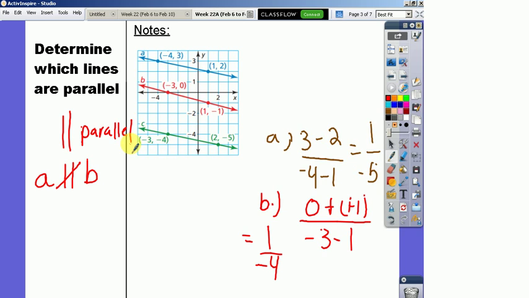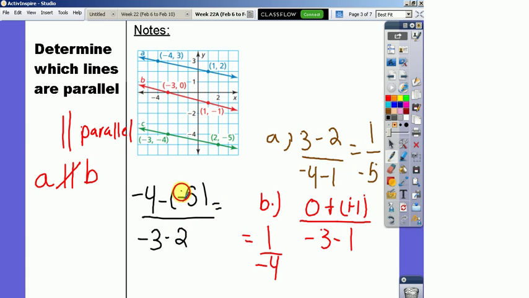Let's see if B is parallel to C or A is parallel to C. So we still have to find the green slope. So I'm going to do negative 4 minus negative 5 over what? Negative 3 minus 2.